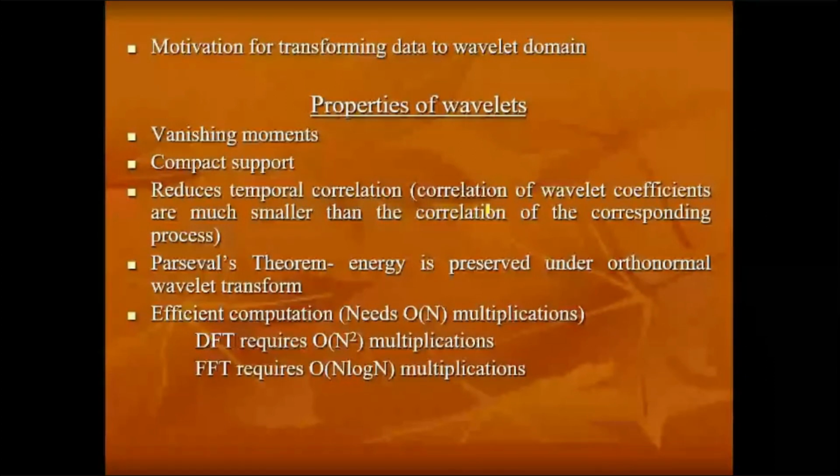We can see that the correlation of wavelet coefficients is much smaller than the correlation of the corresponding process. As we usually studied in statistics, when we find the correlation of the wavelet coefficients, it will be very effective.